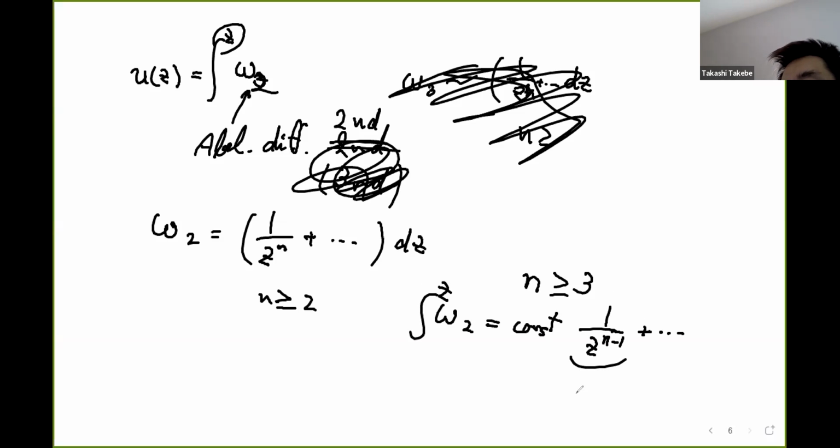So in the neighborhood of the pole, it is not one-to-one.